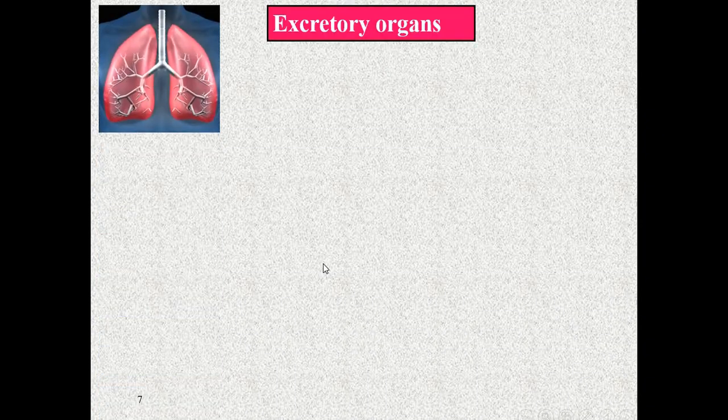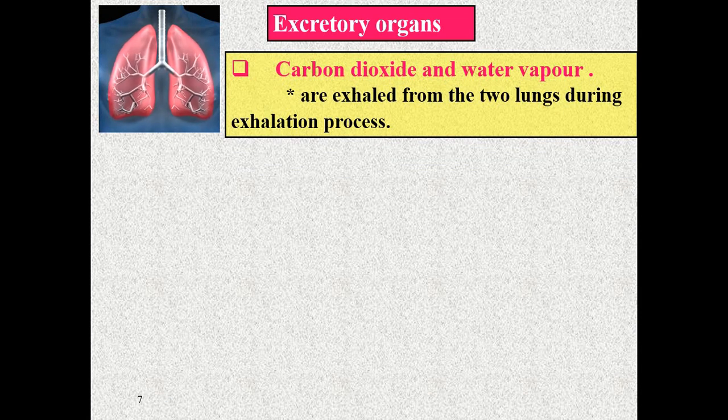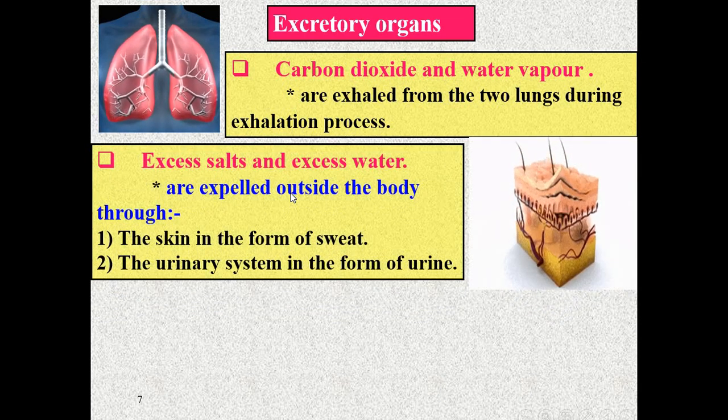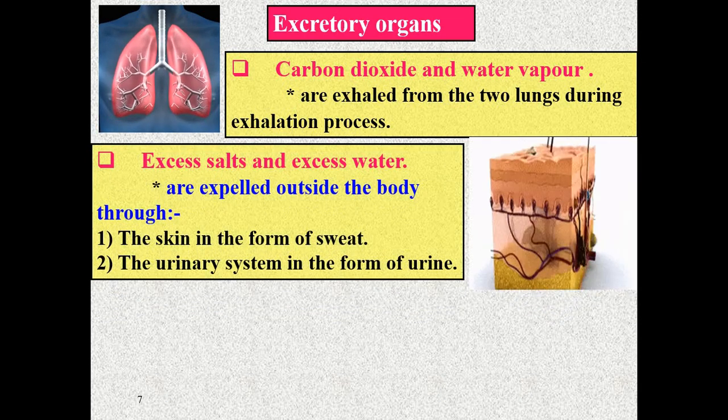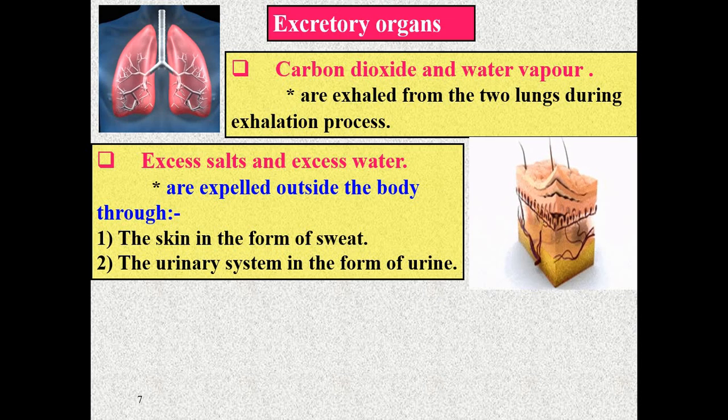What are the excretory organs we have that help our body to get rid of excretory material? Number one, we have the two lungs, and they help the body to get rid of carbon dioxide and water vapor, which are exhaled during the exhalation process. What else? Skin. Excess salt and excess water can be expelled outside the body through the skin in the form of sweat.